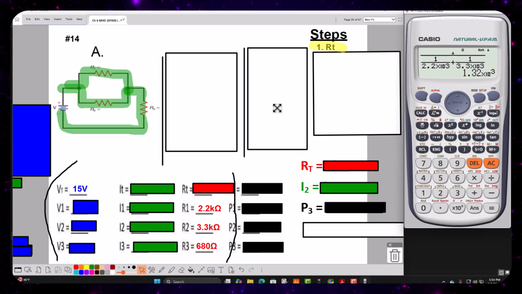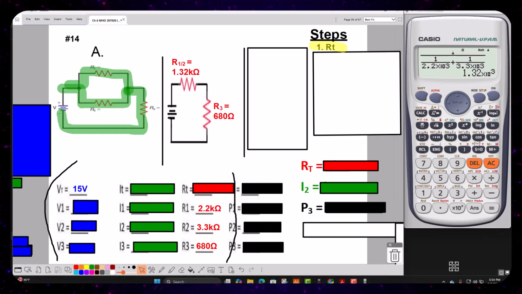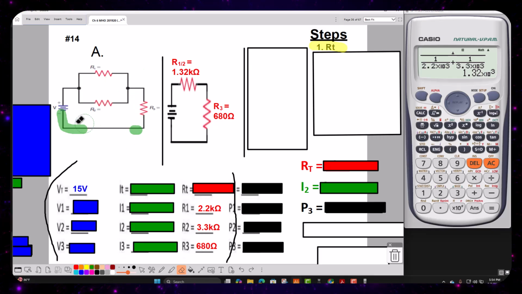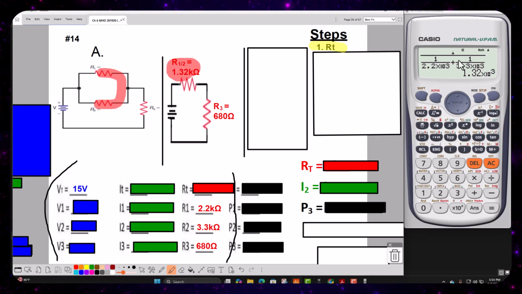And that tells me that the reciprocation of R1 and R2, not added together, but reciprocated together, is 1.32 k ohms. So this value right here comes from these two reciprocated. Now my R3, I didn't do anything with him yet. I just brought his value straight over.